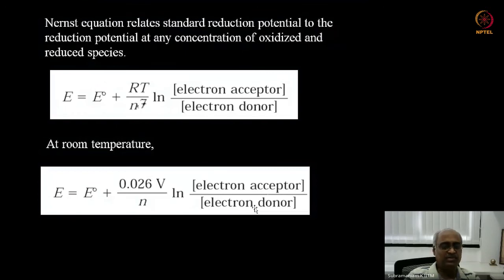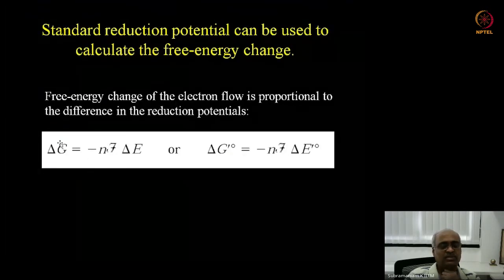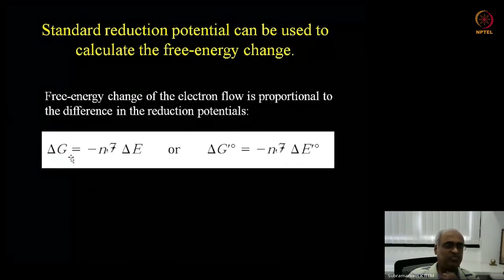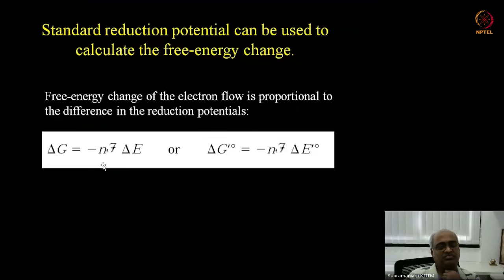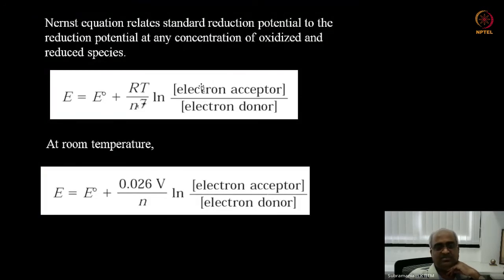Once you have calculated the reduction potential for any concentration, based on this relationship you will get the delta G. The relationship between the reduction potential difference and the delta G is given by this equation: minus the number of electrons times Faraday's constant times the difference in the reduction potential. Here the difference comes from the acceptor and donor.